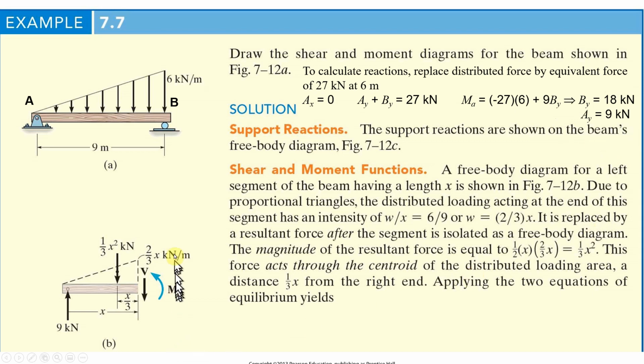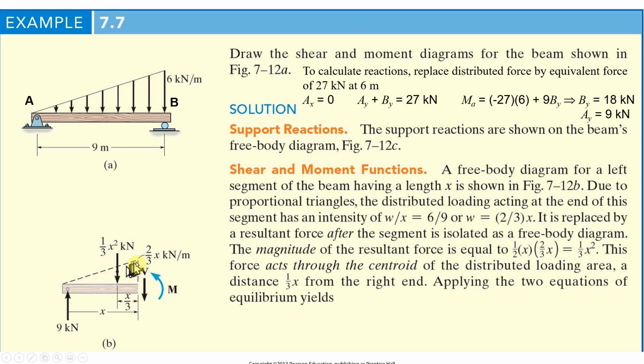Now, we're just looking at the free body diagram of the portion where we cut it at point X. We go X distance and cut the beam, and we draw a free body diagram. No horizontal forces, vertical and moment here. Then we ask, what is the equivalent force here?